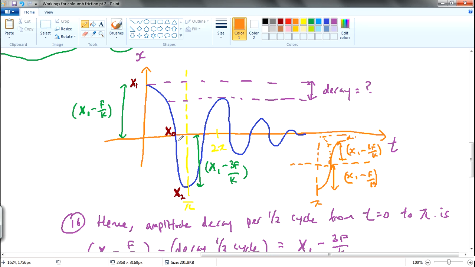So this is actually this, because it is the same amplitude. This amplitude is the same as this amplitude. So I believe he actually drew the graph wrongly. It should be x1 minus 3f over k, and then this one, let's cancel it off.